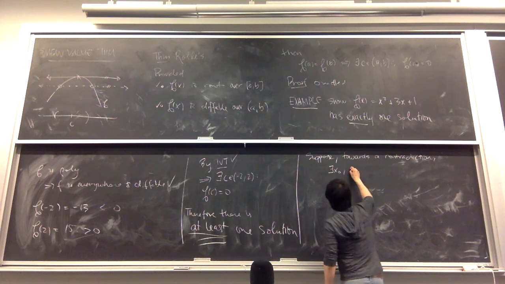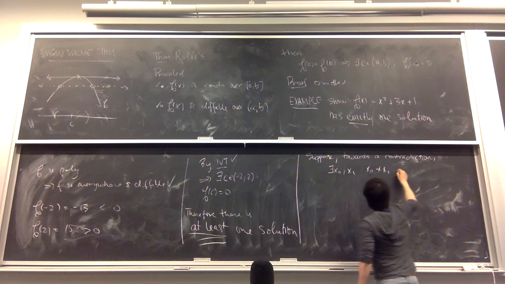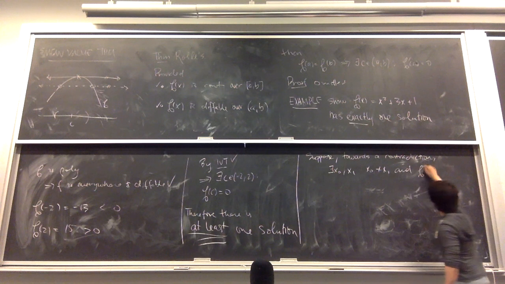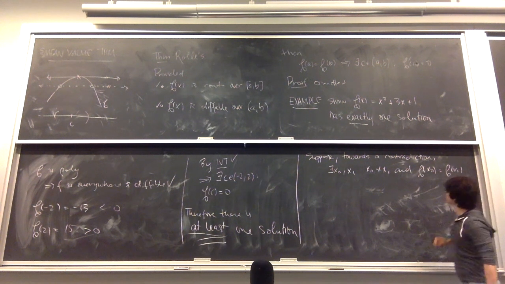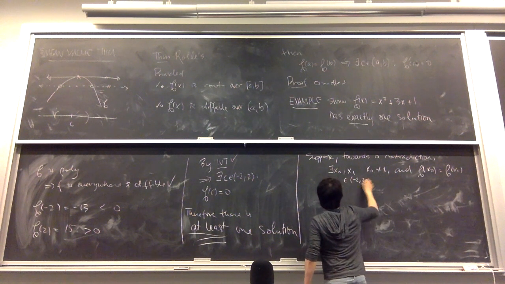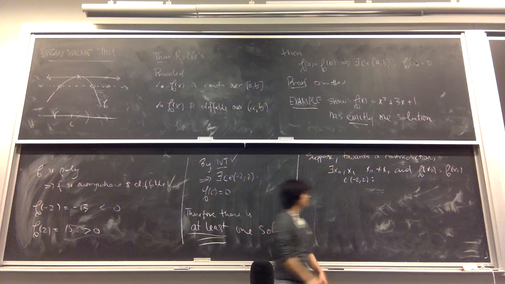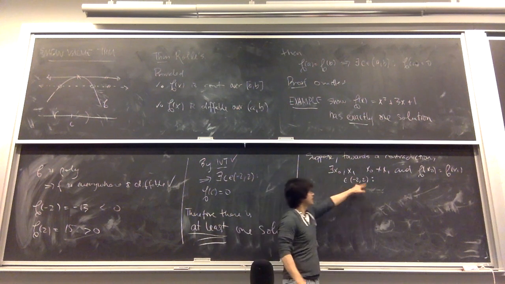There are x0 and x1 such that x0 is not equal to x1 and f of x0 is equal to f of x1. I should say that these two are in the interval. The intermediate value theorem found me one of the solutions in this interval.